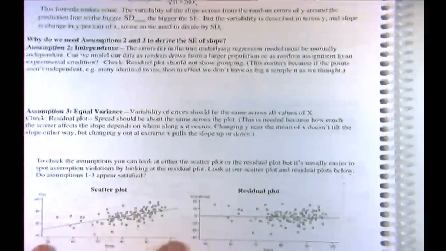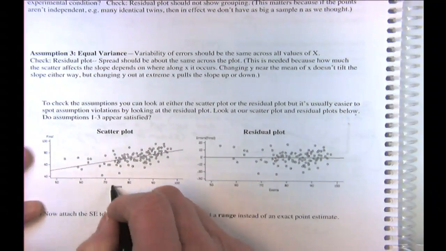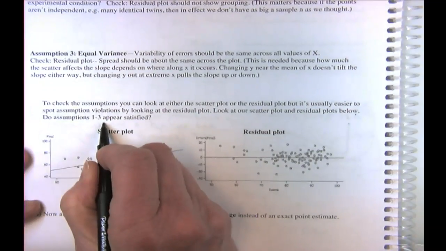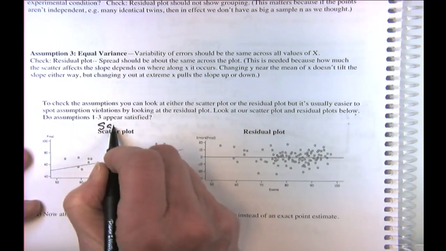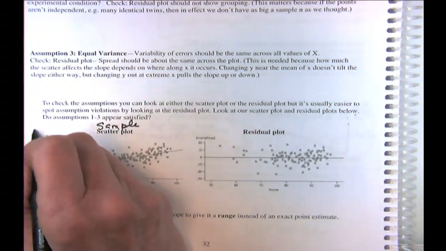So here it is. It's the same plot that before we pretended was the whole class. And here is our scatter plot. Here we have the exams, and this is the sample scatter plot. This is all we see. And here we have the final.